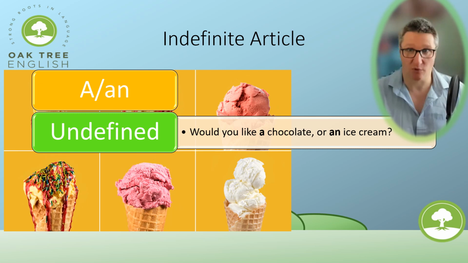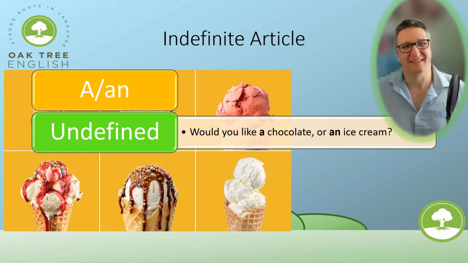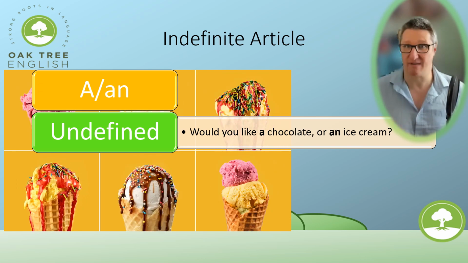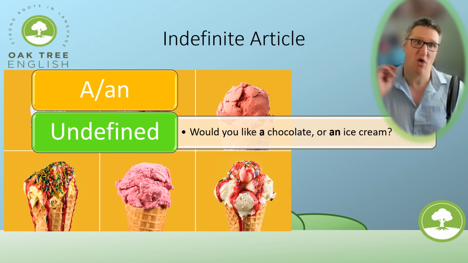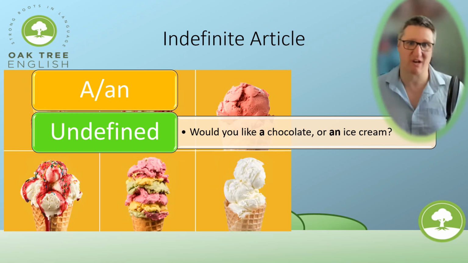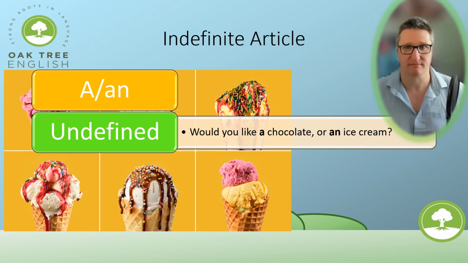By the way, my answer will always be yes, both please. But then, when you come to define which chocolate or ice cream you would like, the article switches to the definite article. I would like the round stripy chocolate and the strawberry ice cream.